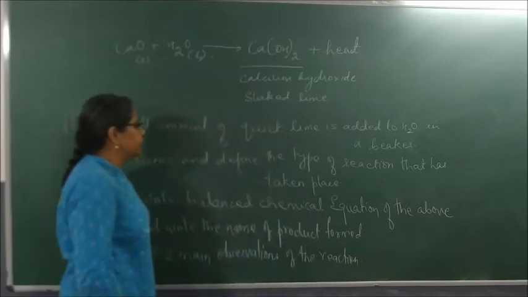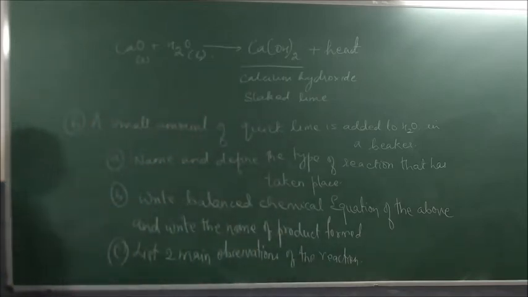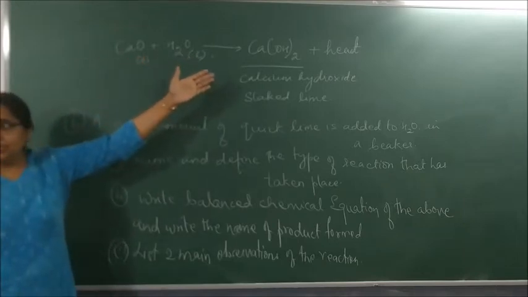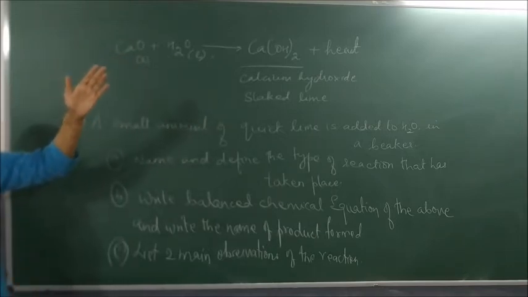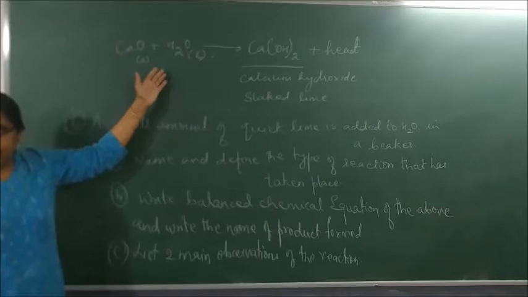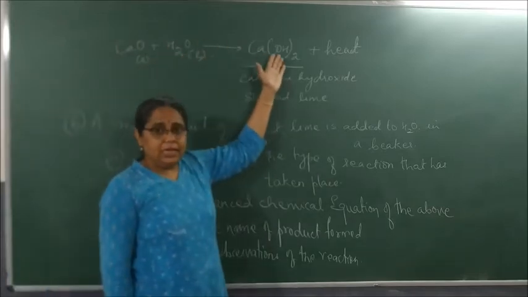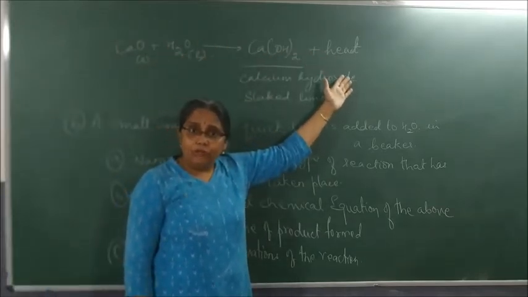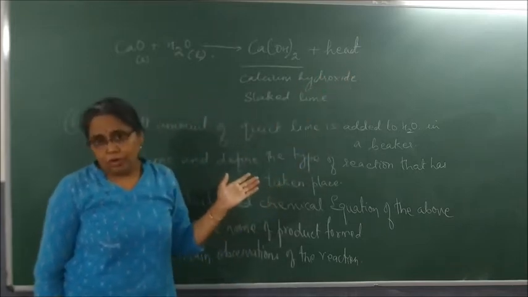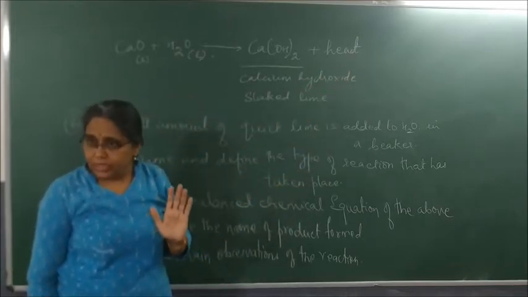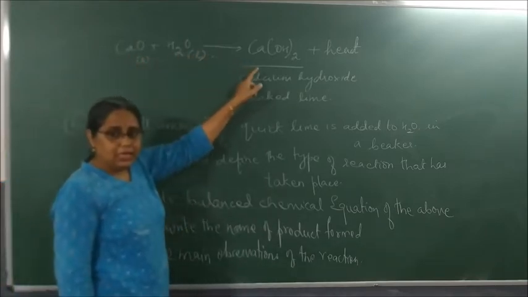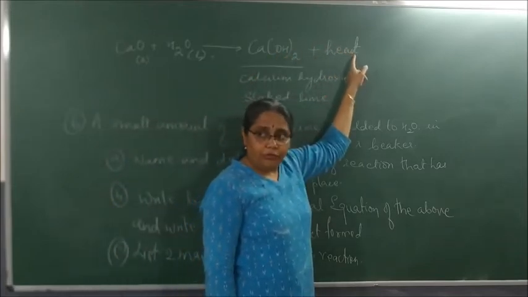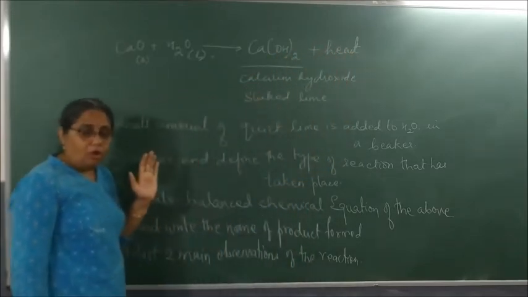Fine. So the first part of the question says, name and define the type of reaction that has taken place. What reaction is this? Combination reaction. How do you define a combination reaction? When 2 or more reactants combine to form a single product with the evolution of heat, it is called combination reaction.